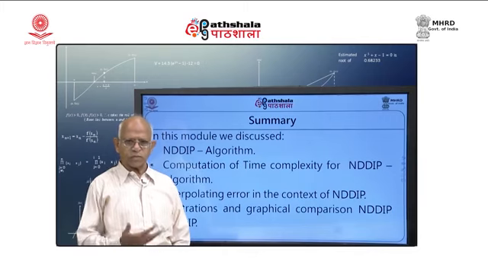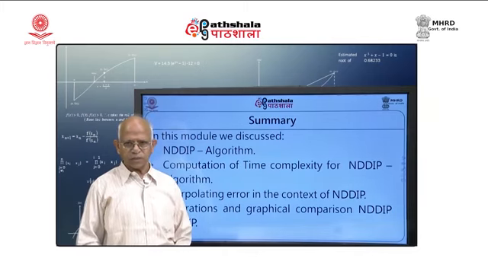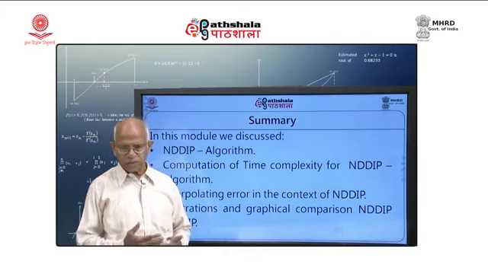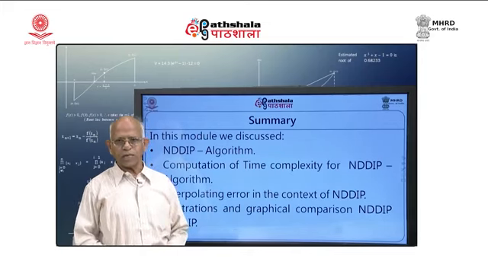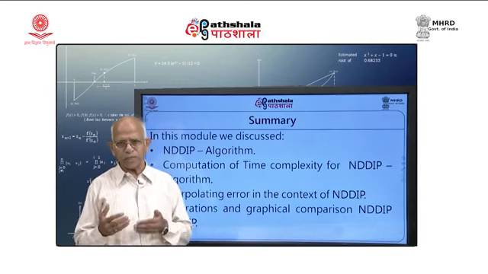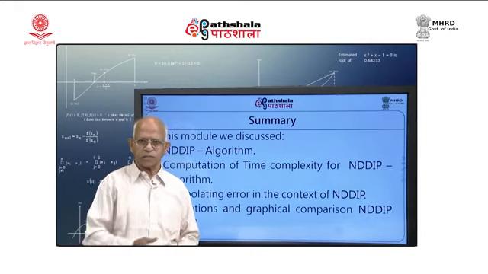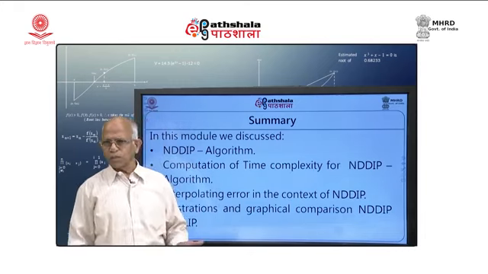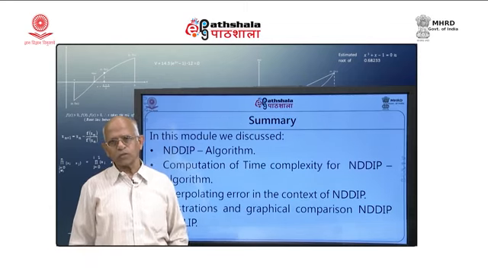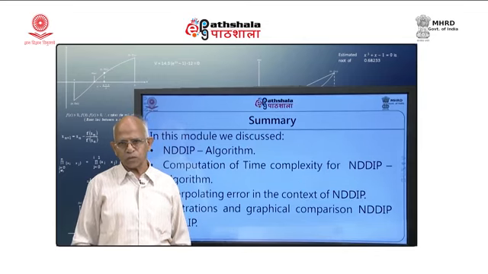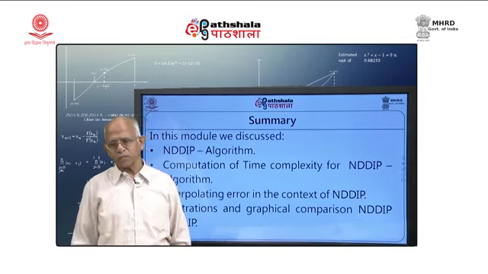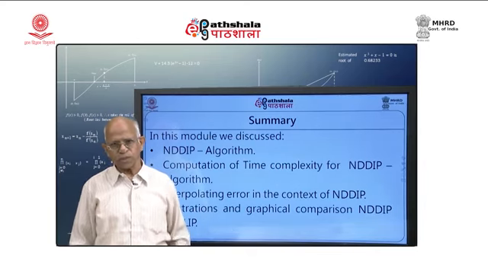We have also seen some illustrations comparing the various degrees of Newton's divided difference interpolating polynomial, and a comparison between Newton's divided difference interpolation and the Lagrange interpolation polynomial. In the next module, we will probably consider equally spaced nodes, and see what kind of interpolation formulas or interpolating polynomials we can derive on the basis of equally spaced nodes.